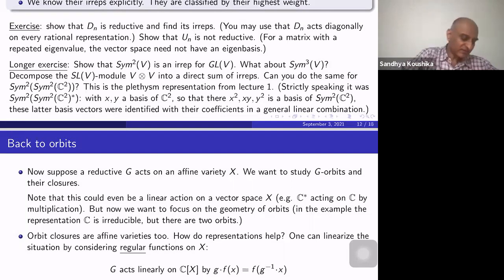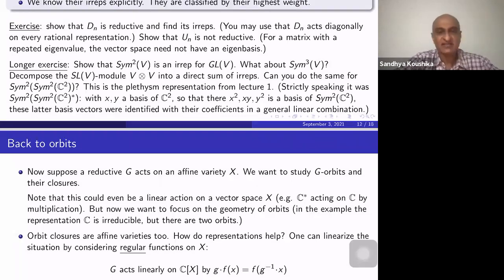So this definition of action is going to mean that the way G acts on this ring of regular functions is going to be a linear action. So out of a non-linear action, I have gotten a linear action on this ring. However, keep in mind that this ring is going to be infinite dimensional.